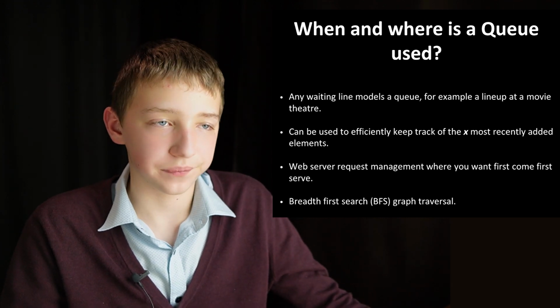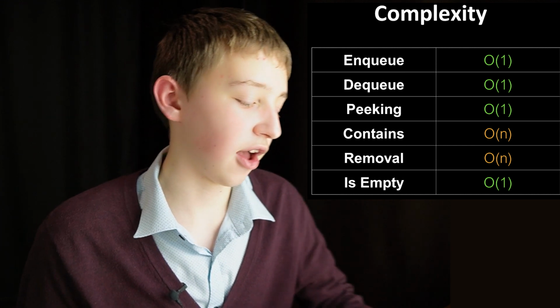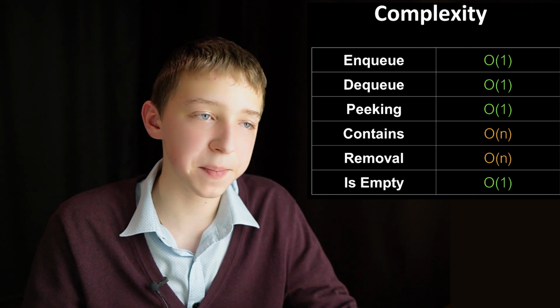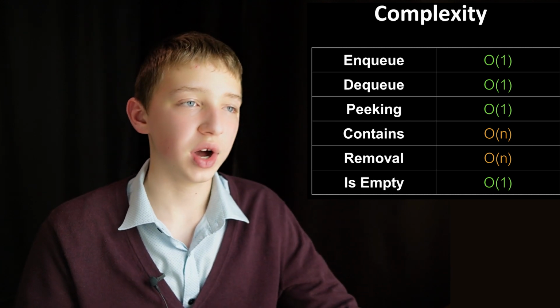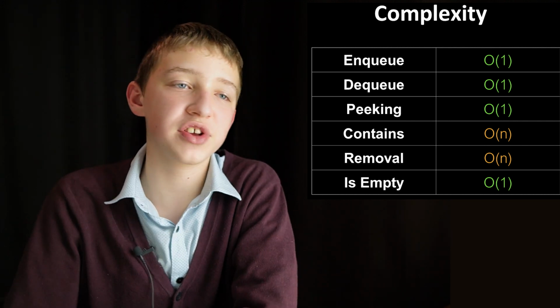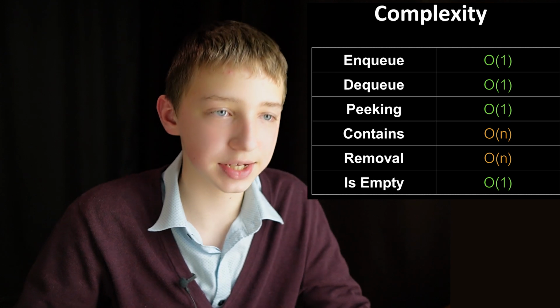So now let's look at the complexity analysis. We have looked at where and when queues are used. We have the basic comprehension of their usage examples, and now we want to know their time complexity.